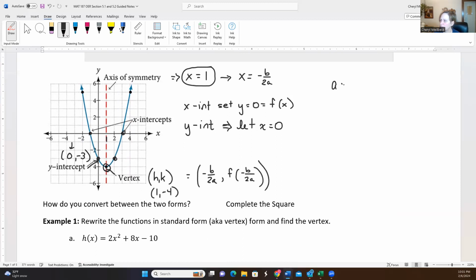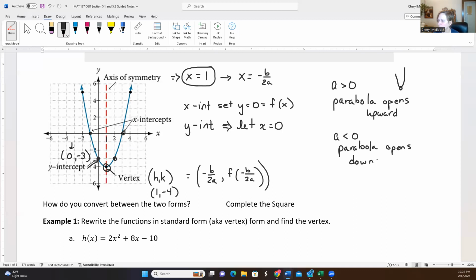So if a is positive, then the parabola opens upward, like this, and your vertex is a minimum. If a is negative, then your parabola opens downward, like this, and your vertex would be a maximum, an absolute maximum.